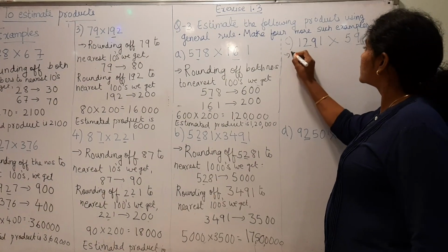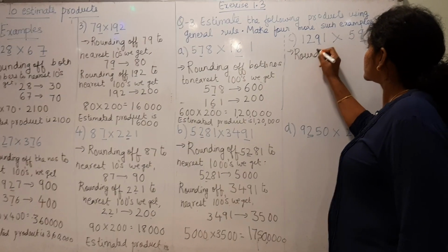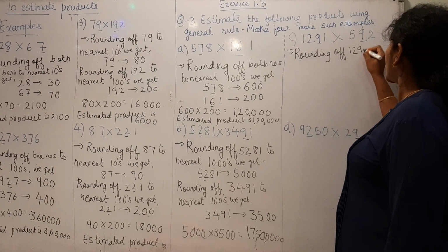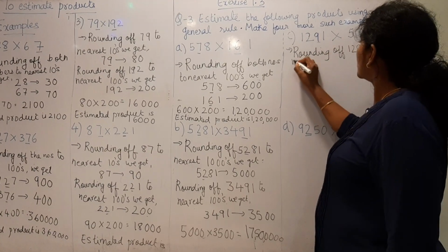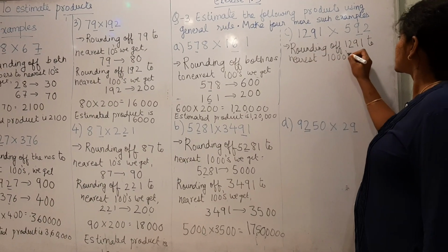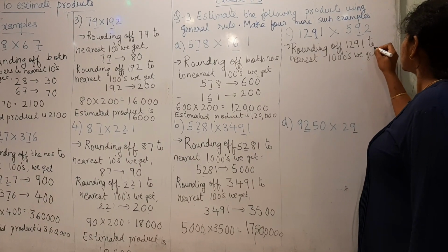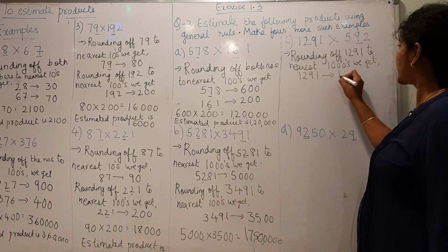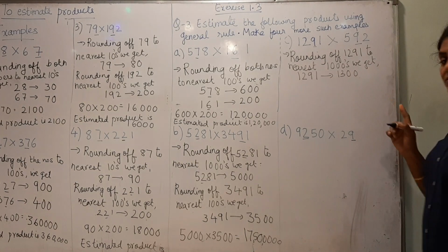So rounding off 1291 to the nearest thousands, we get 1300.